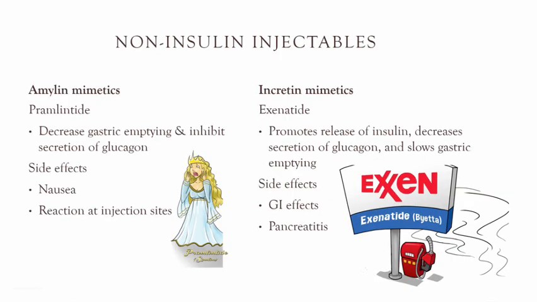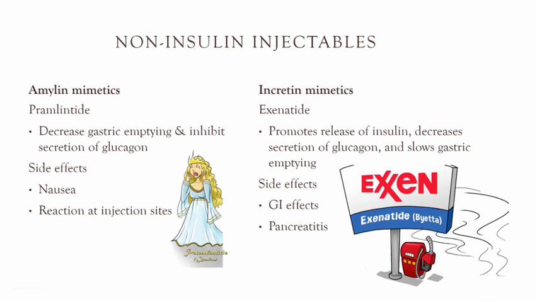We can also have non-insulin injectable medications. These medications are given subcutaneously, but because they're non-insulin injectables, they are not made of insulin. Pramlintide is going to decrease gastric emptying and inhibit the secretion of glucagon, so we can have some nausea and irritation at the site, and we definitely want to make sure to rotate our sites.